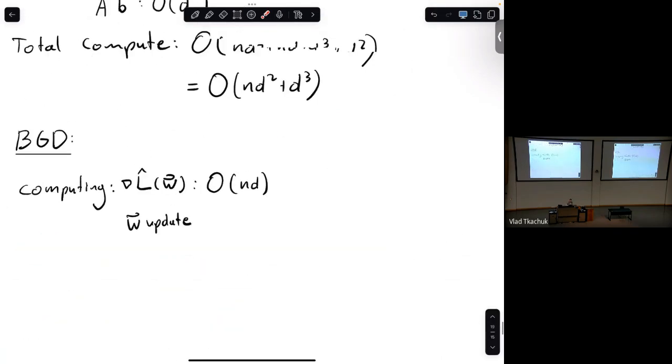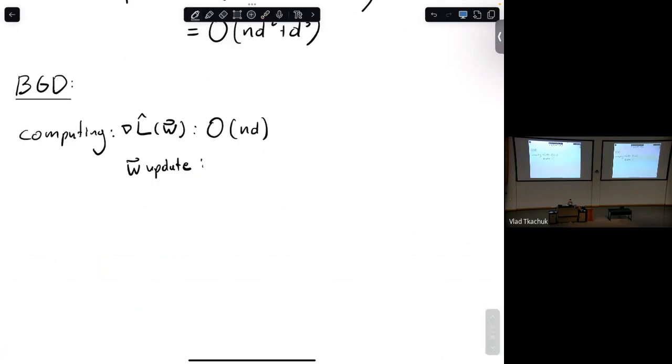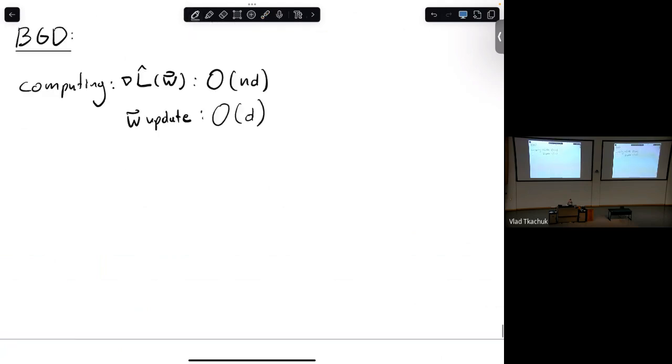That takes d time, so that's very small. And then you have to remember that the for loop does this t times, the number of epochs. So this whole thing gets big O of t times n times d.